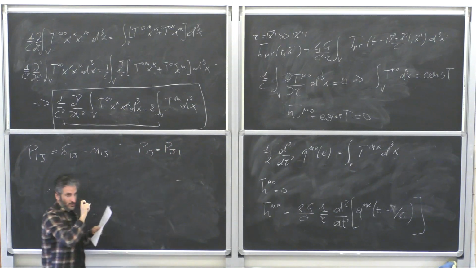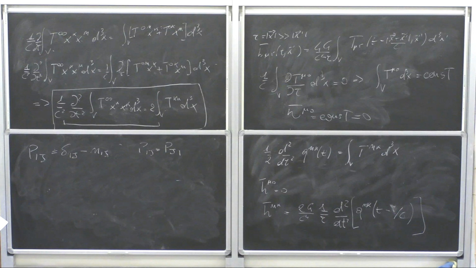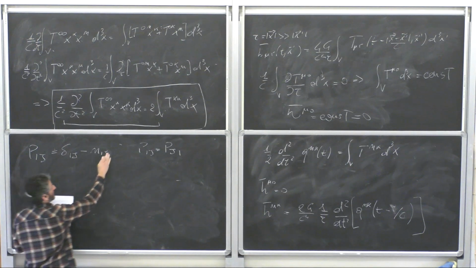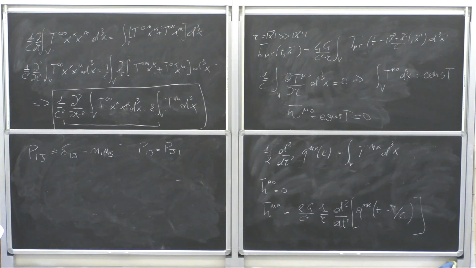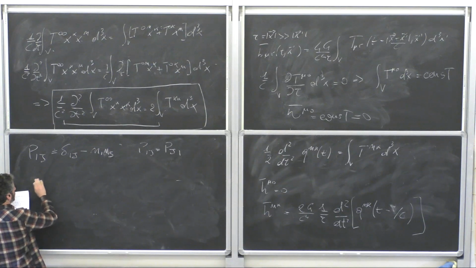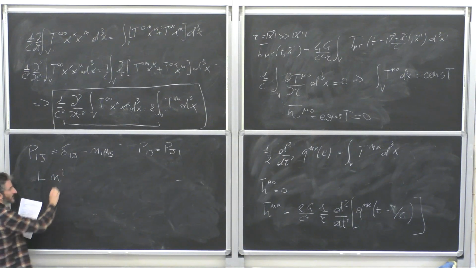This is a symmetric projector, so if I exchange the indices, I'll get the same. Sorry, let me write this in this way. P_ij projects any vector onto a plane orthogonal to n_i.